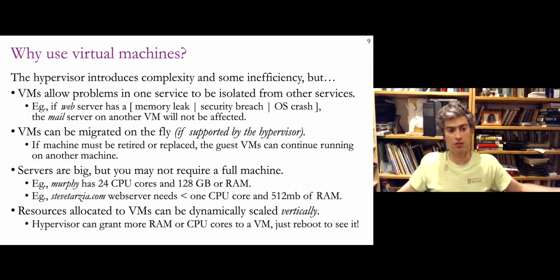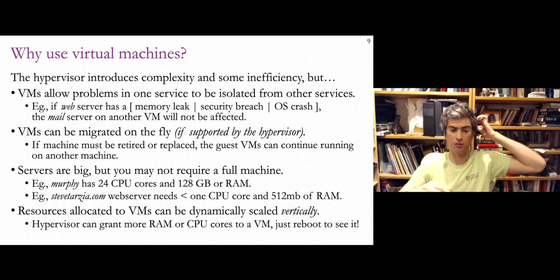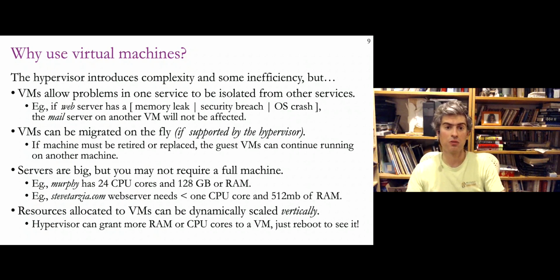If you have a cluster of machines that are hosting virtual machines, and you need to do maintenance on one, you need to turn one off, you could actually migrate the virtual machines to a different physical machine. And AWS does this to keep their systems running. I've had instances on AWS that have been running continuously for 3 or 4 years. It's unlikely that they actually had the same machines literally powered on for 3 or 4 years.